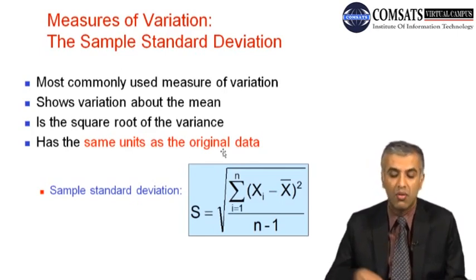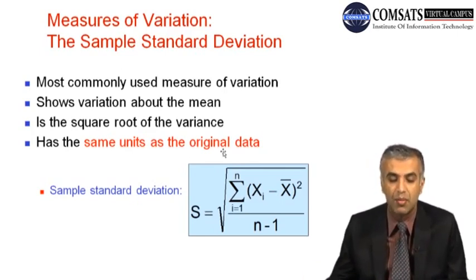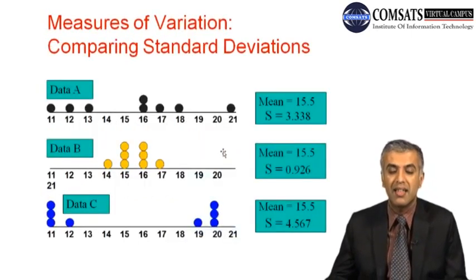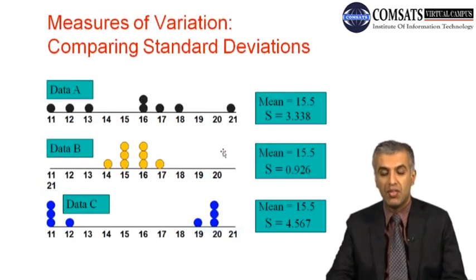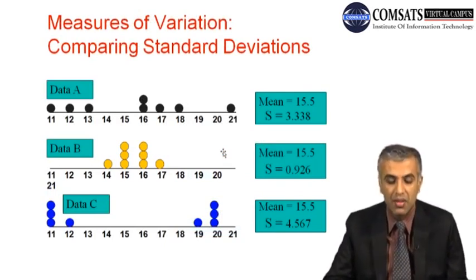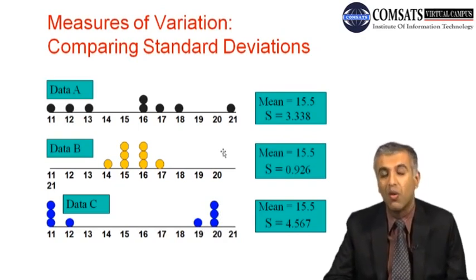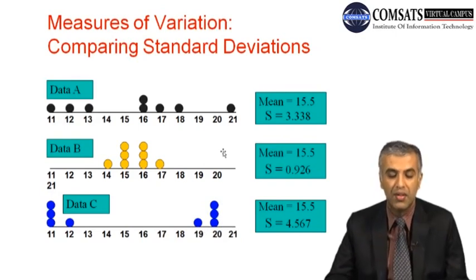So the sample standard deviation is portrayed here. In this case, you can see that comparing standard deviation gives us an idea that it is a very effective tool to explain the whole characteristics of data. That's why this is one measure which is very commonly used in displaying information.